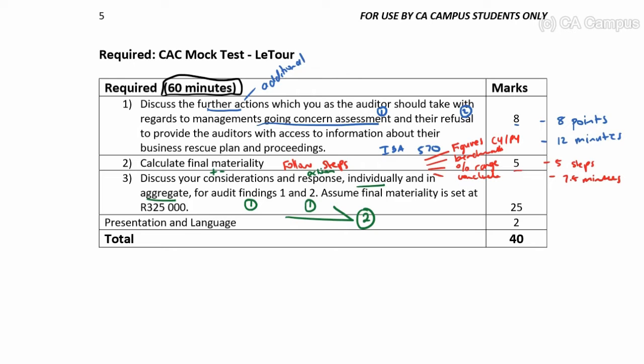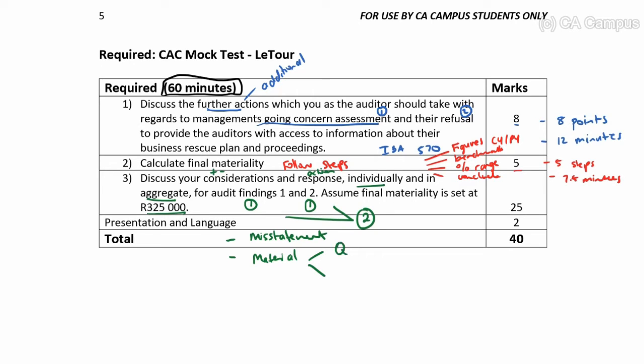Assume final materiality is set at 3 to 5. Okay, so now I can see here, oh, what are the considerations? I'm going to have to potentially determine if there is a misstatement. And if there is, I'm going to have to consider if there is a material misstatement. Is it material?